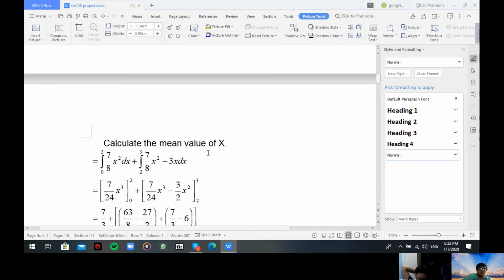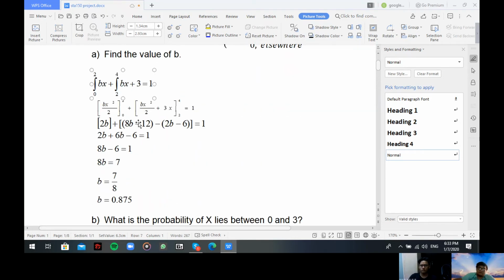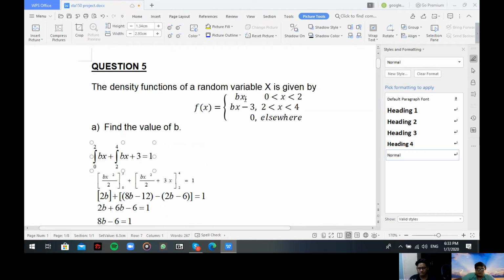Calculate the mean value of x. From here, the mean value of x is the integral of x f(x), right? You can see from the first one, it only has a single x.